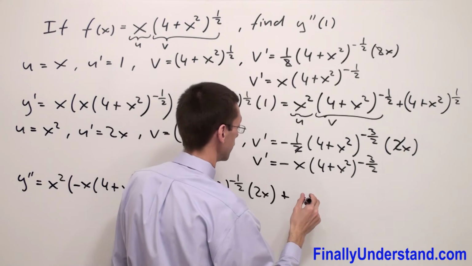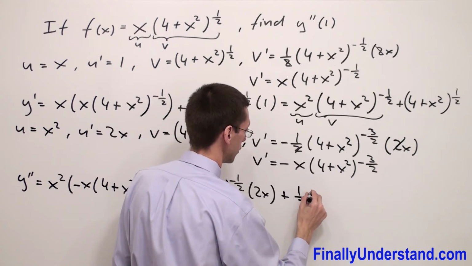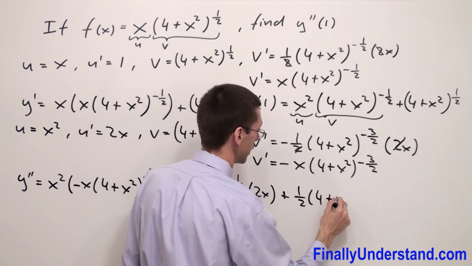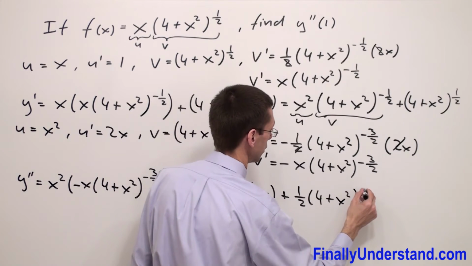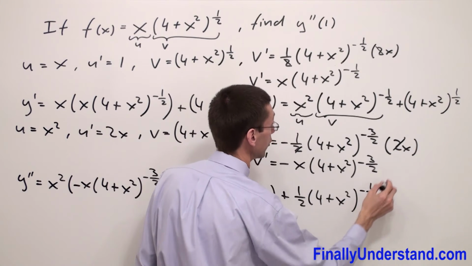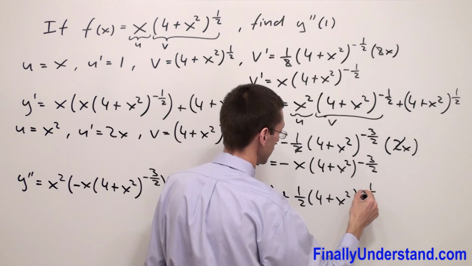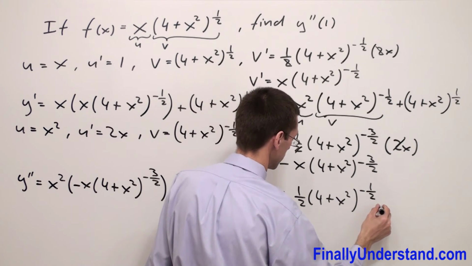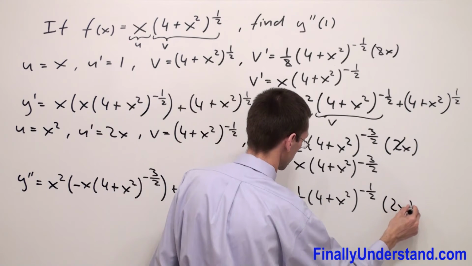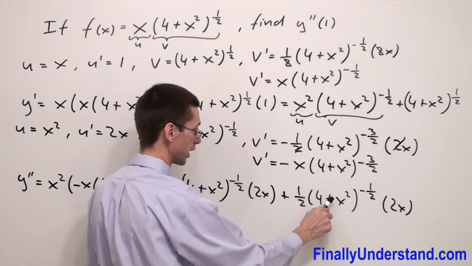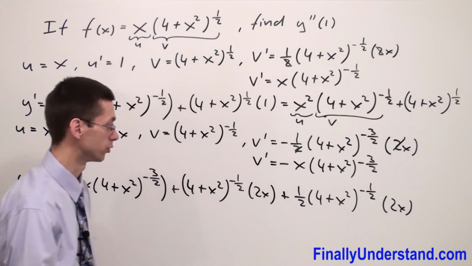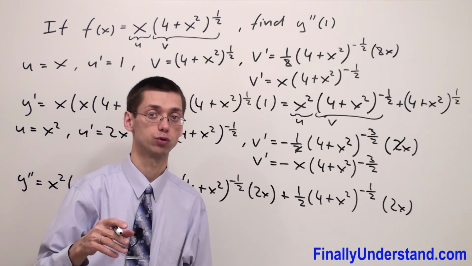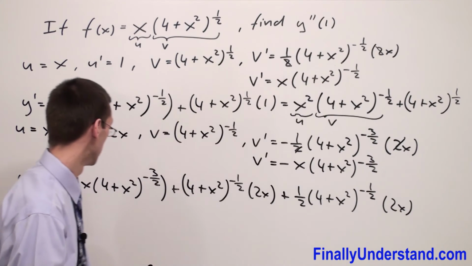So we have 1/2 times 4 plus x to the second power, and I have negative 1/2, because 1/2 minus 1 will give me negative 1/2, times 2x, because derivative of 4 plus x squared is equal to 2x. Again, if you don't understand what I'm doing, you're supposed to review the previous problems.